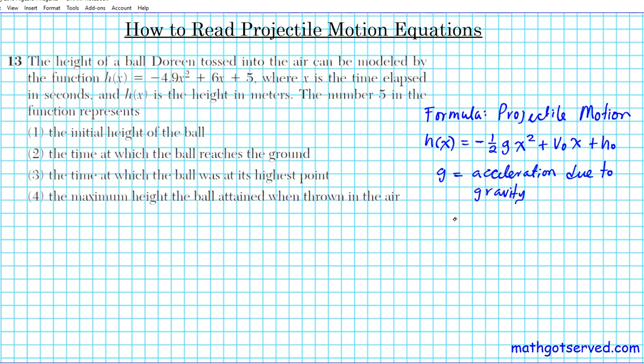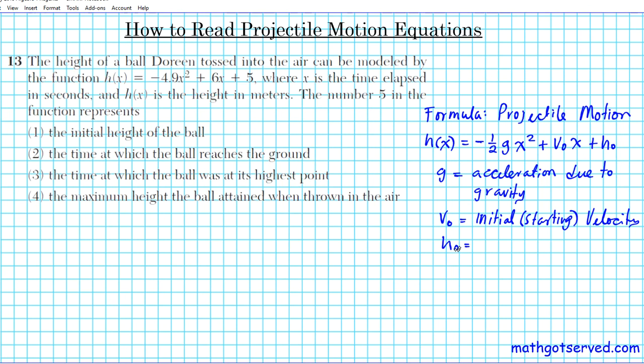Now, how about the v sub 0? The v sub 0 basically means the initial or starting velocity, so v for velocity. And then we have h sub 0.